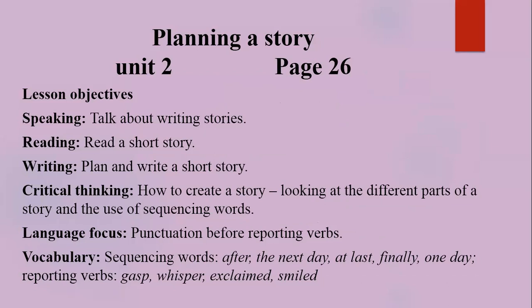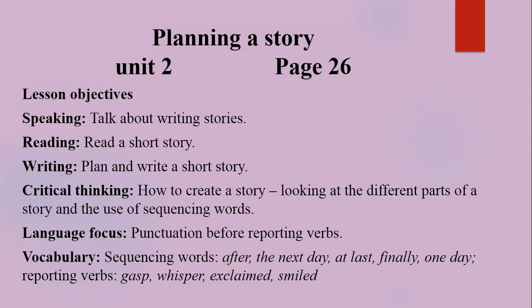The lesson objectives are speaking, talk about writing stories; reading, read a story; and writing, plan and write a short story. In critical thinking, we discussed how to create a story, looking at the different parts of a story and the use of sequencing words.